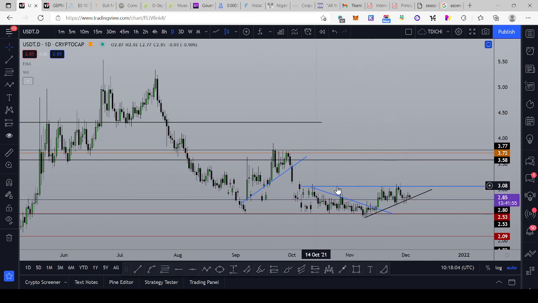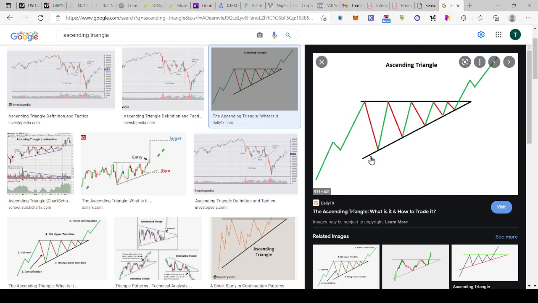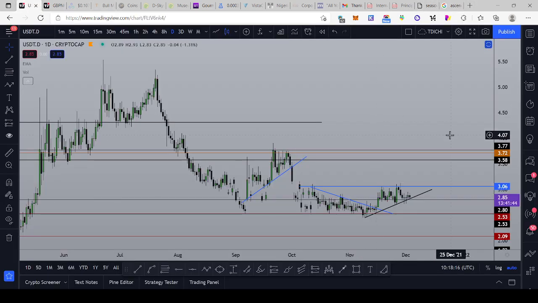Because of that, another ascending triangle is forming right here. You can see it. The textbook definition of an ascending triangle is bullishness, it leads to a breakout. But nothing works 100%, especially when it comes to trading.